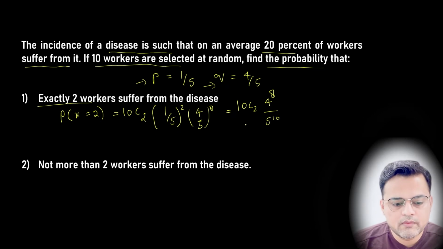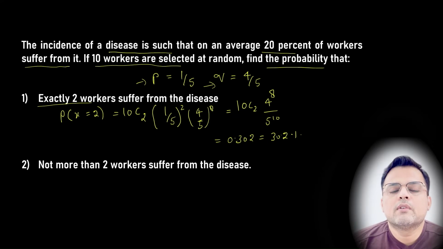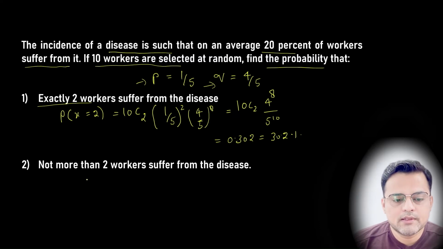If you further solve it, the probability will be 0.302, which is 30.2%. So there is a 30.2% probability that if 10 workers are selected at random, exactly 2 workers suffer from the disease.